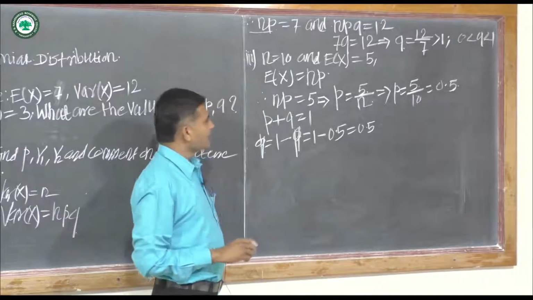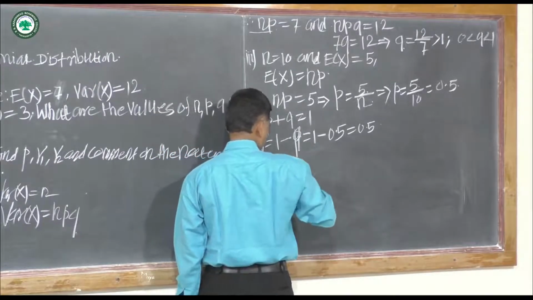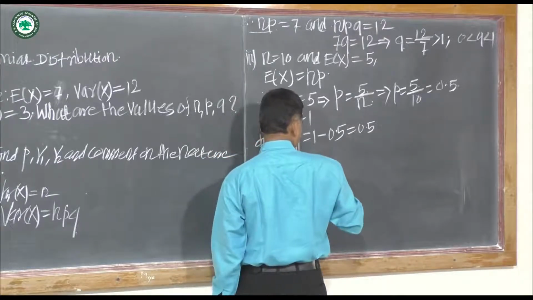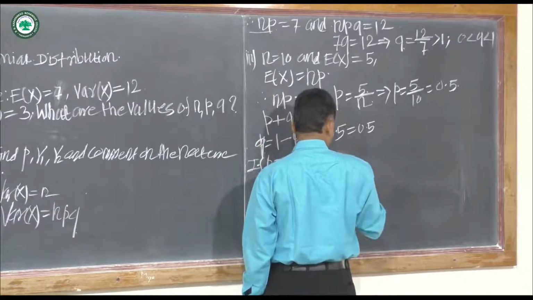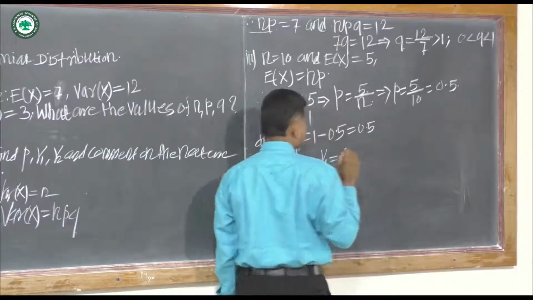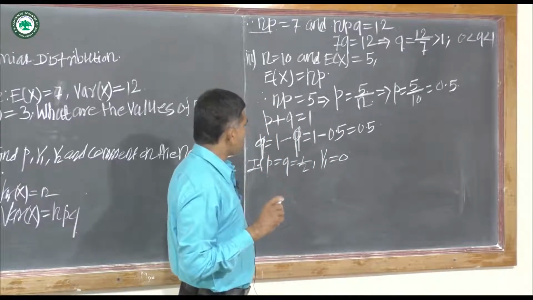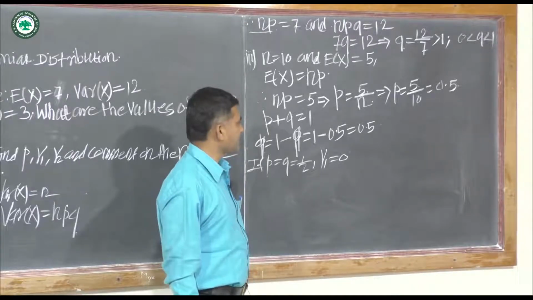Then we know that if p is equal to q is equal to 1/2, then the value of gamma 1 is equal to 0. If the value of gamma 1 is equal to 0, then the distribution is symmetric.